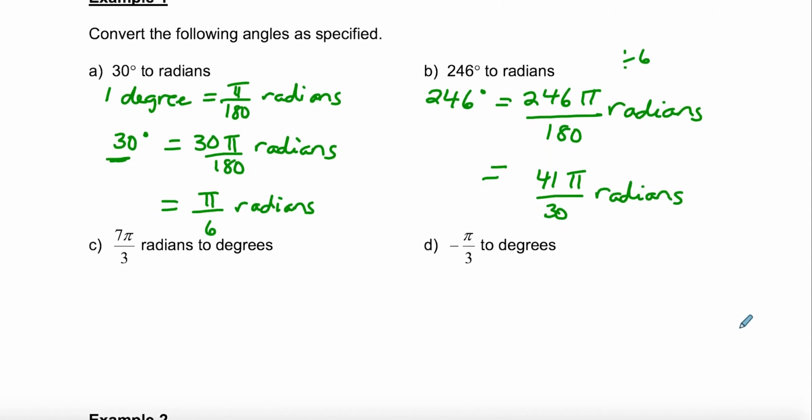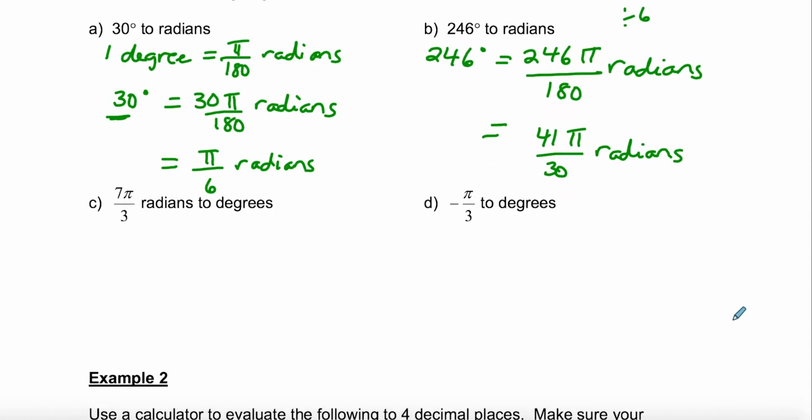If we are going to go from radians to degrees, we had our little formula where 1 radian equals 180 over pi. So if we had 7 pi over 3 radians, that would equal 7 pi over 3 times 180 over pi.